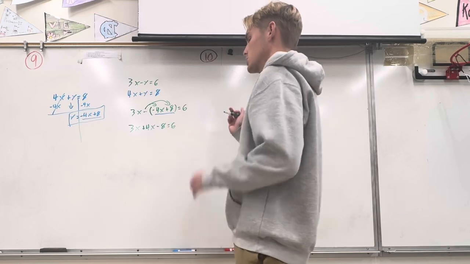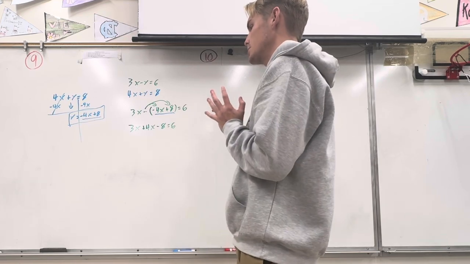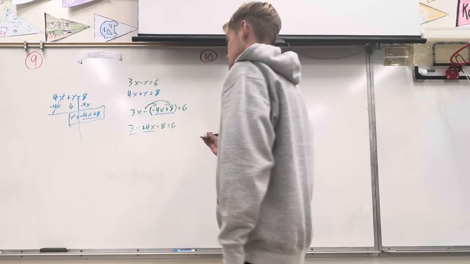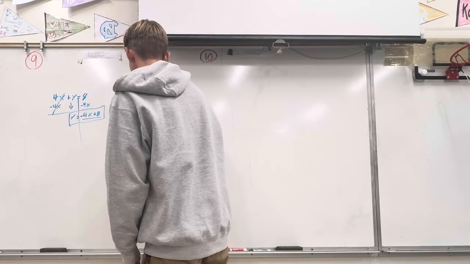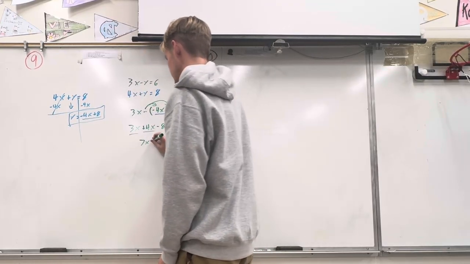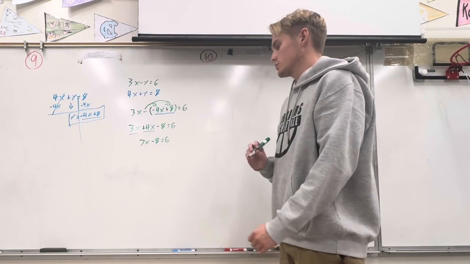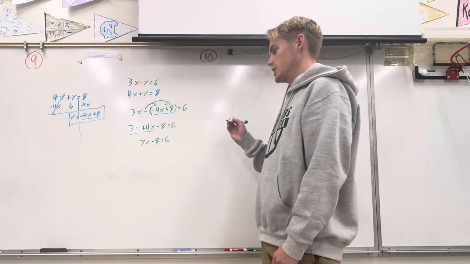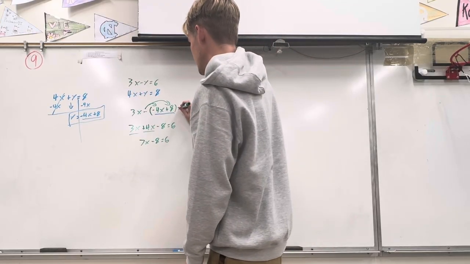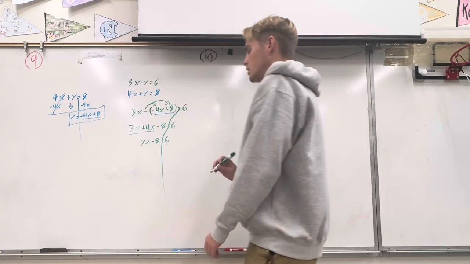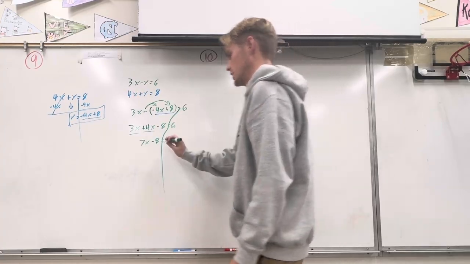Now, we have 3 terms on the left side, so that means 2 of them are alike. So which 2 of them are alike so that we can combine them? And you should be able to see 3x, 4x, they both have x's. So that gives us 7x, and we still have minus 8 equals 6. Remember, we're trying to solve for x. Let me draw my line in the middle, by the way, if this makes things easier. We're trying to solve for x, so we gotta get rid of 8.